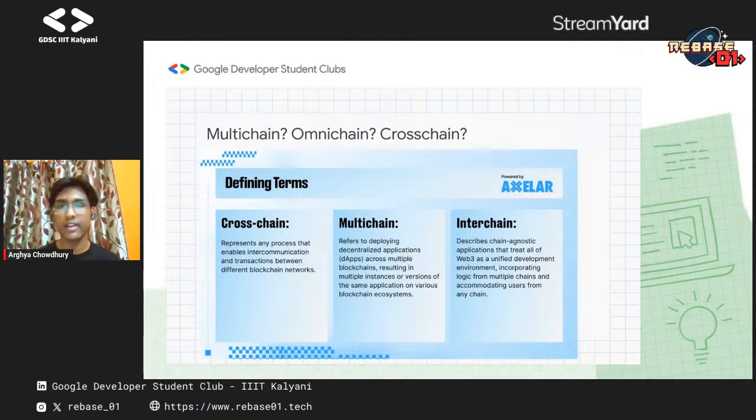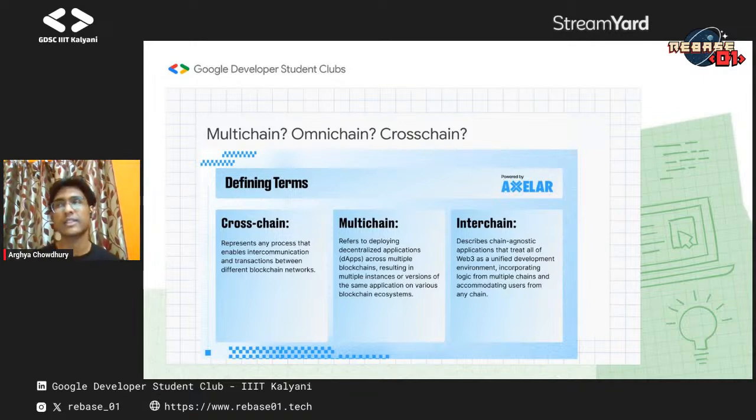In a multi-chain ecosystem, those blockchains are already connected, and then you are transferring tokens and assets. But in a cross-chain situation, you're interacting with a blockchain that does not really have any similarities, or it's not part of that particular ecosystem.